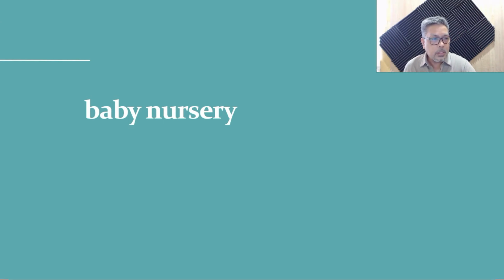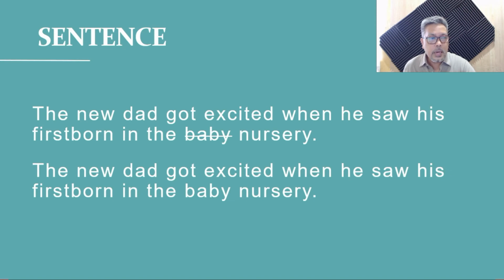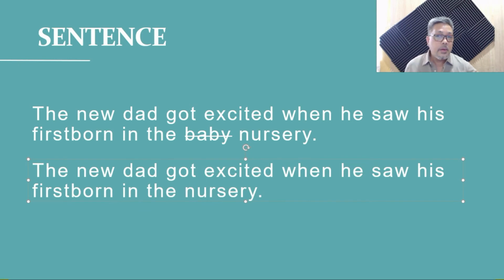Okay, so our sentence there would be, the new dad got excited when he saw his firstborn in the baby nursery. But we no longer need baby, so we're going to strike that out. The new dad got excited when he saw his firstborn in the nursery, because nursery is a child's room, or a room for babies.